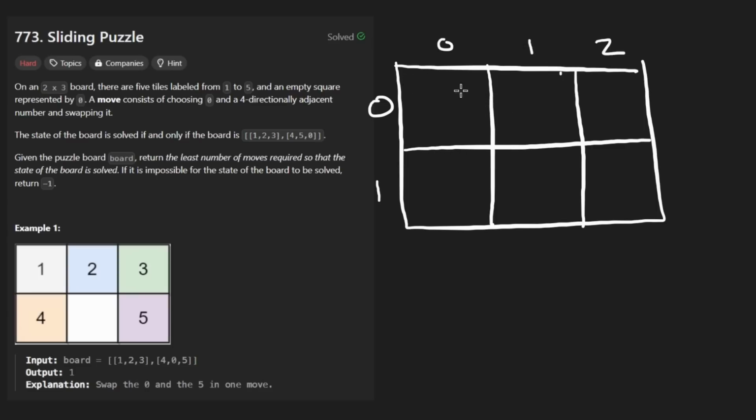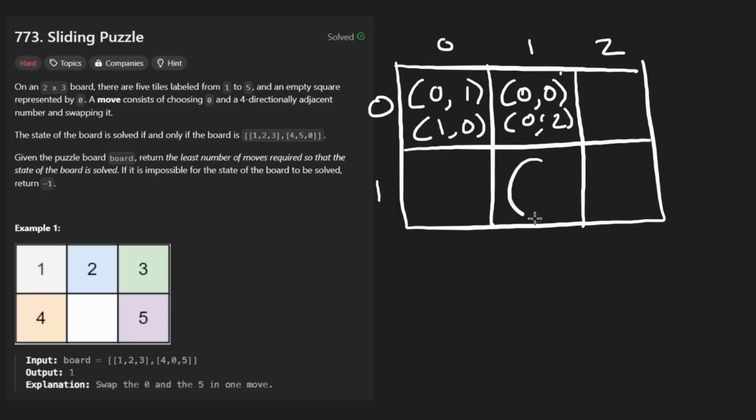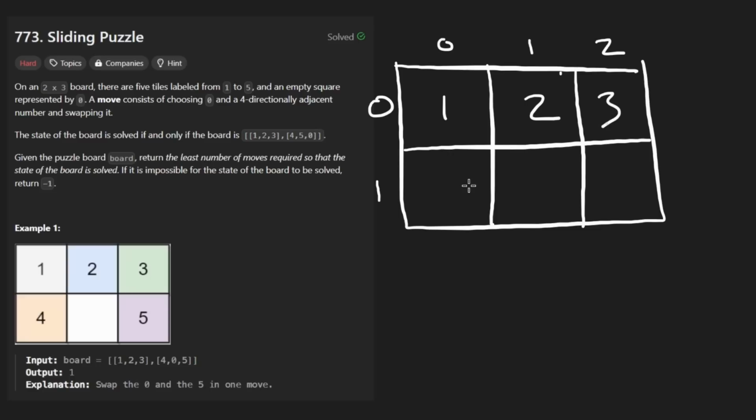So we could say that this could go to 0, 1, or it could go to 1, 0. And we could do that for every one of these. So this one can actually go to 3 different spots, left, right, and down. So it's 0, 0, 0, 2, and I don't have enough space for the one below it, but that'd be 1, 1.